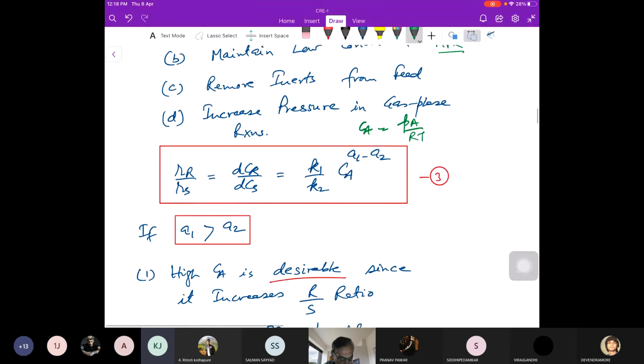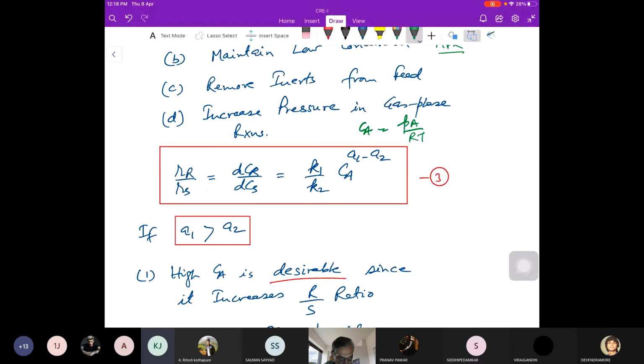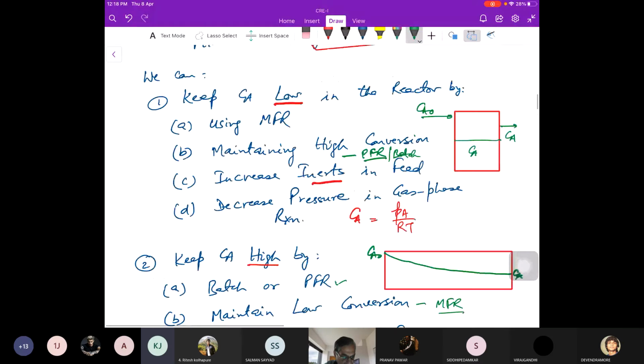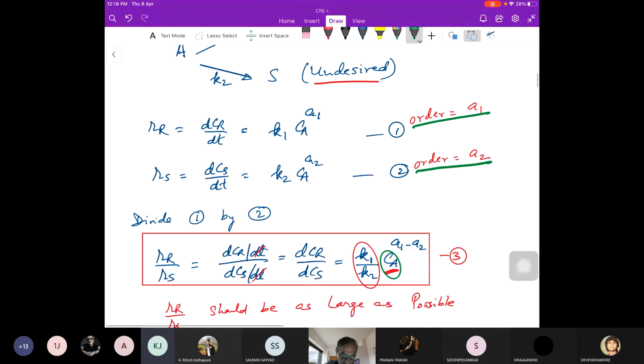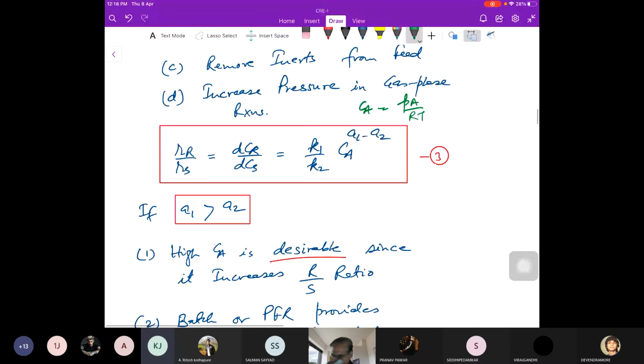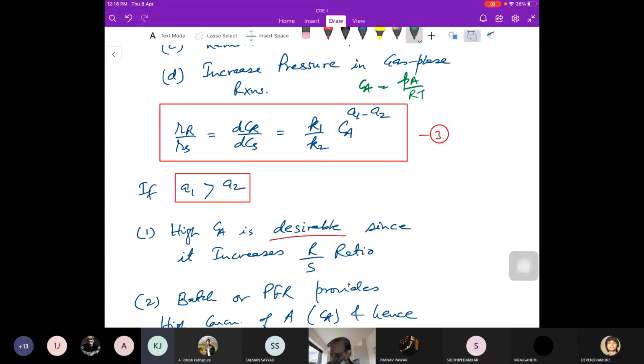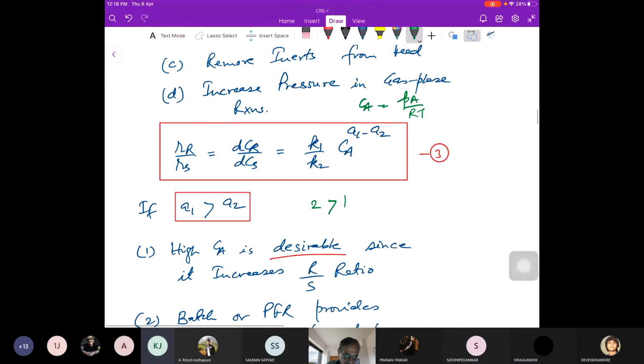Now A1 is the order of the first reaction, the desirable reaction, and A2 is the order of the other reaction. If A1 is more than A2, suppose this is 2 and this is 1, or 2.5 and 1.5, it doesn't really matter, then A1 minus A2 is positive.